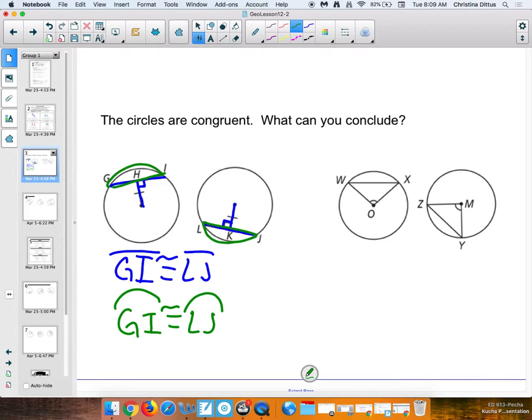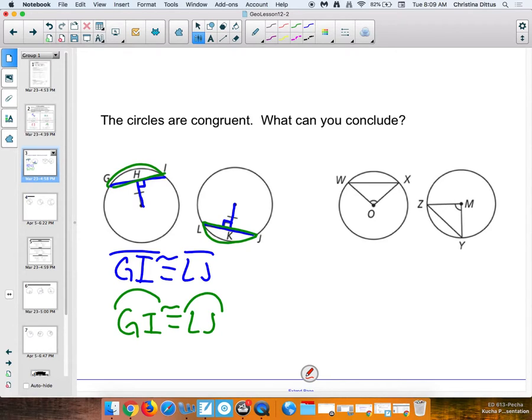Does everybody see the difference between those two things? The blues are talking about the lines that go straight across. The greens are talking about the round arc parts. Okay? And that's all we can conclude there. Questions on that one?